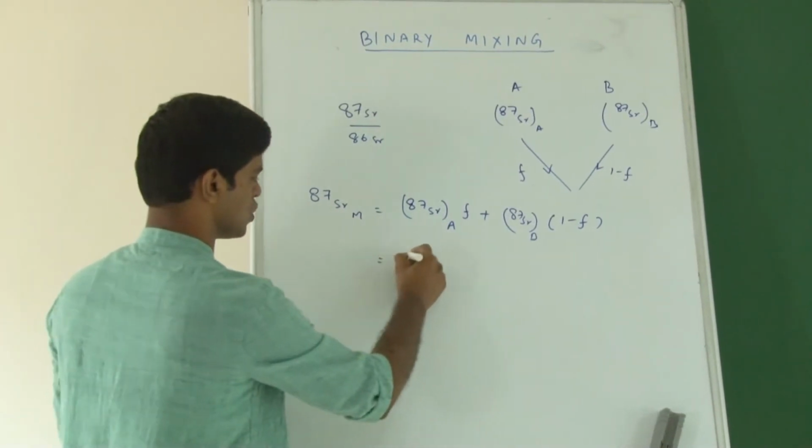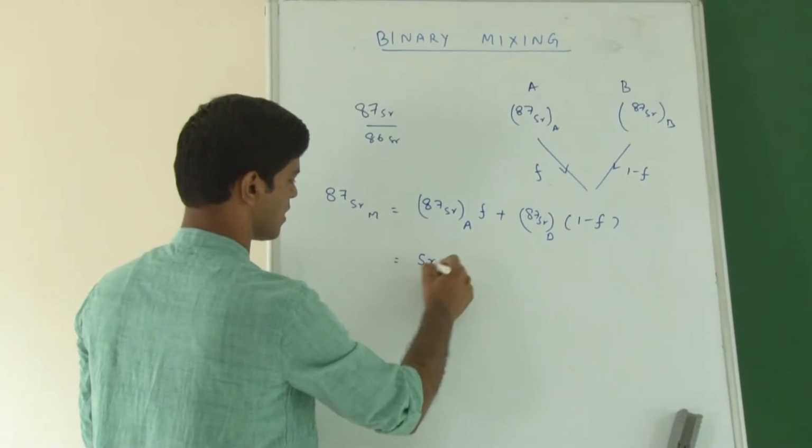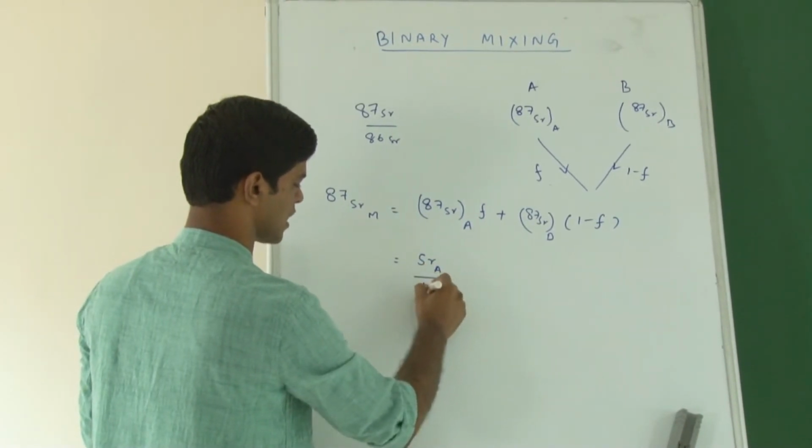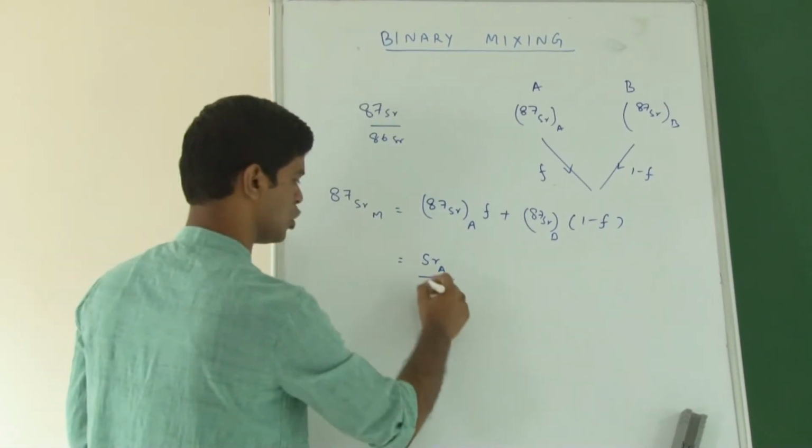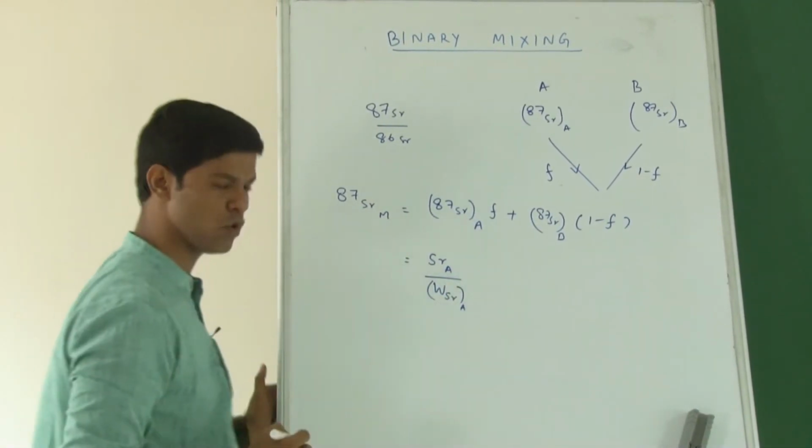Now, what is 87 strontium A means? This is strontium A. If you divide that with its atomic weight, you will get moles.